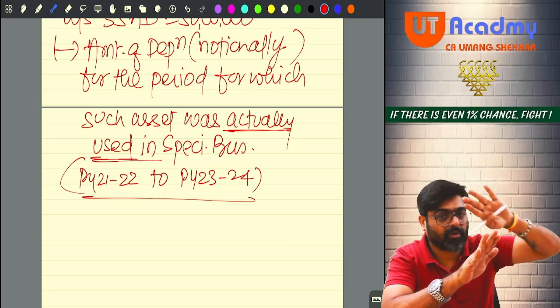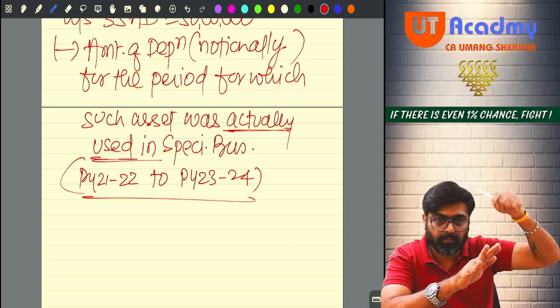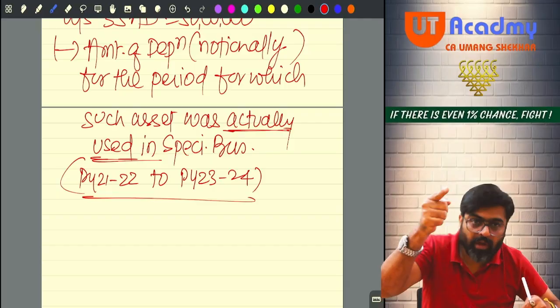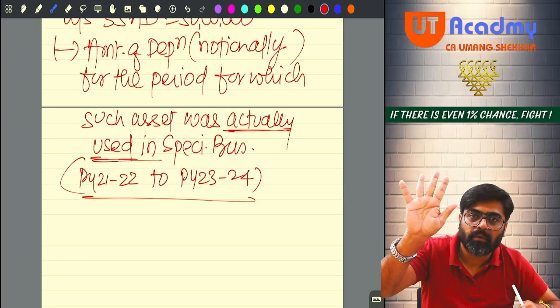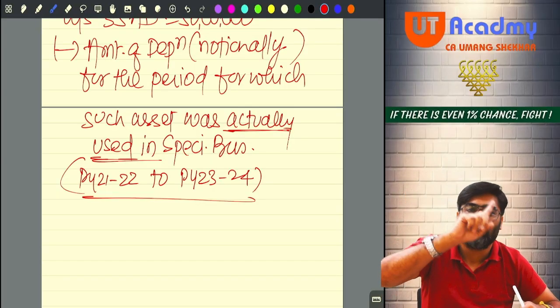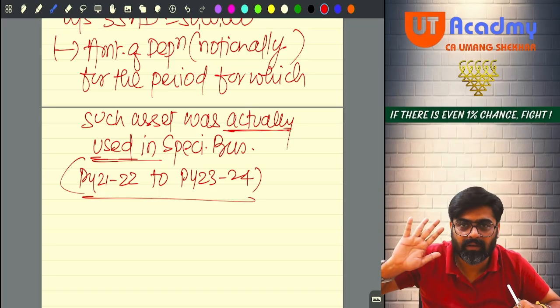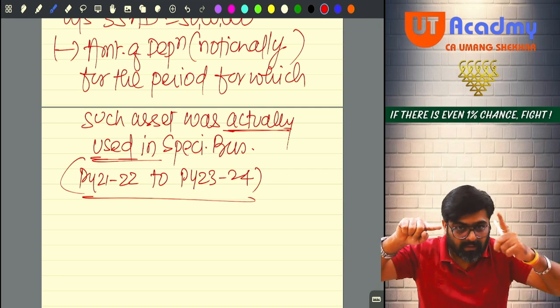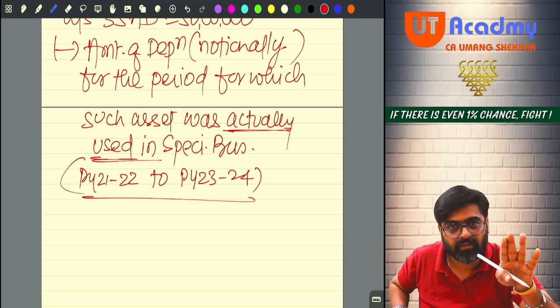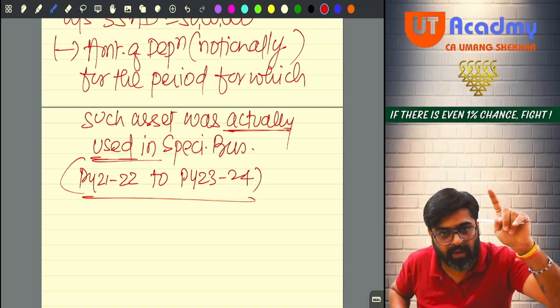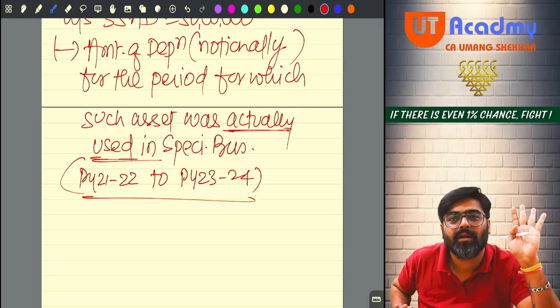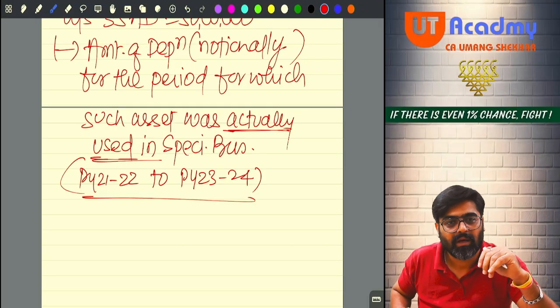If the 50 lakh was not allowed fully, then this building would have formed part of the block. First year, 50 lakh, 10% would have been allowed: 5 lakh. Second year, the WDV would have been 45 lakhs. On that, 4.5 lakhs would have been allowed. And third year, how much?